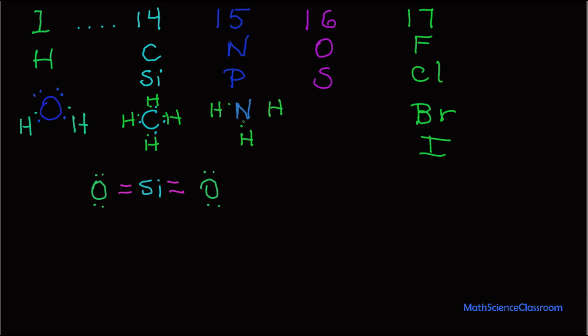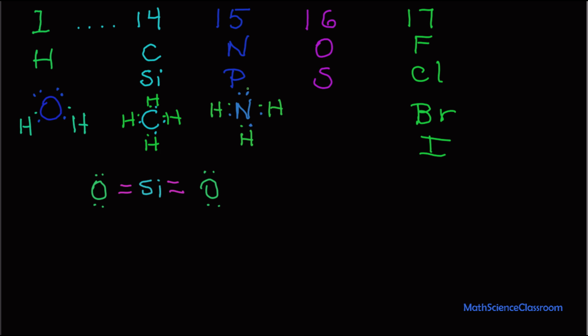Each hydrogen provides 1 electron, and the nitrogen provides 5 electrons. So we have one shared electron for each hydrogen, and then we have a lone pair on the nitrogen. So that is ammonia, or NH3.